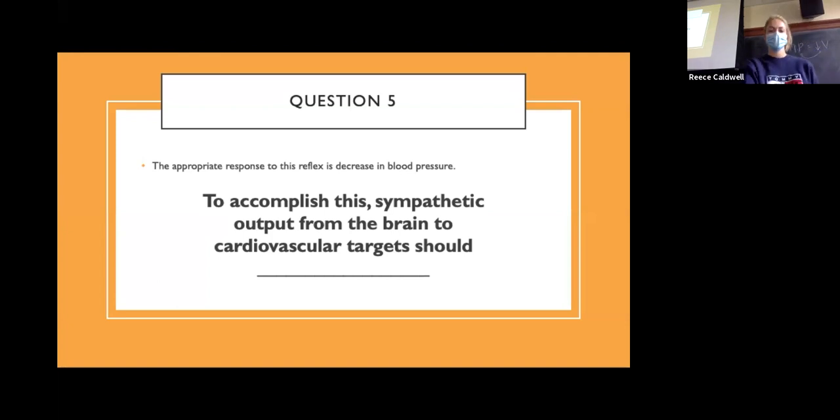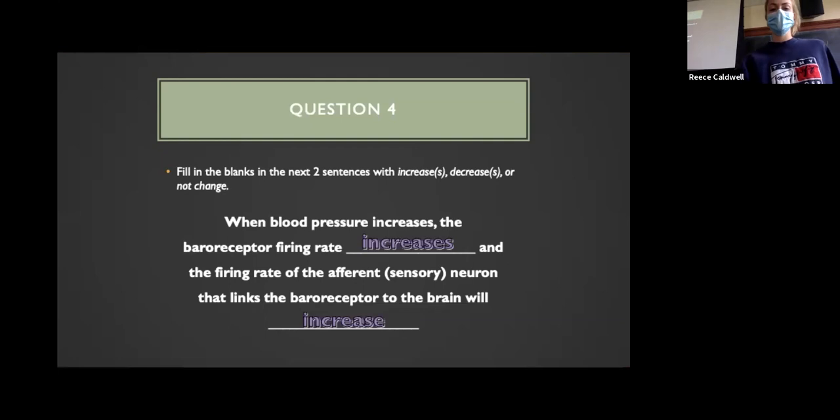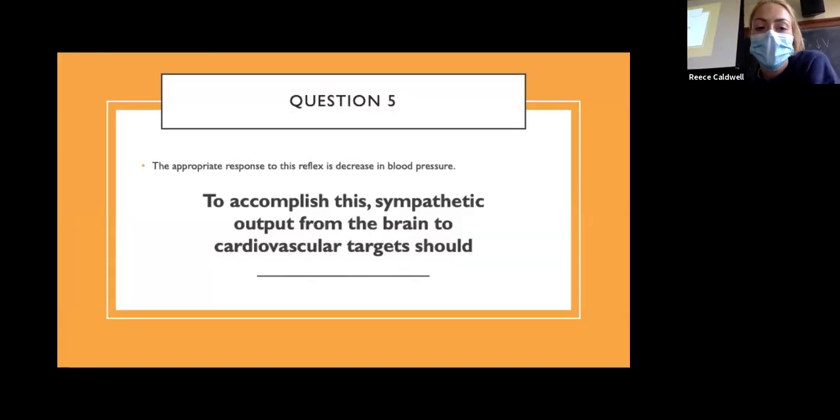This might not make sense since I don't have them on the same slide, but if you have the discussion worksheet, they all flow together. If we have an increase in blood pressure, the response is to decrease it, to bring it back to normal. To accomplish that, the sympathetic output should decrease. So going back to that previous one, PSNS will increase, SNS will decrease.